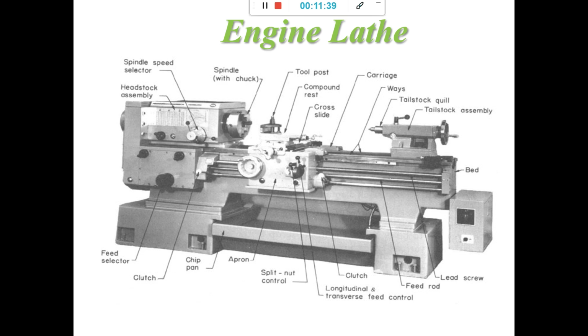And here feed rod and lead screw are given as 2 different rods. In some machines, both of them are made on a single rod only.